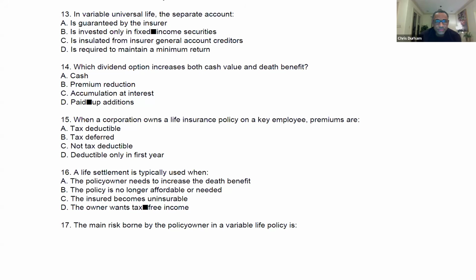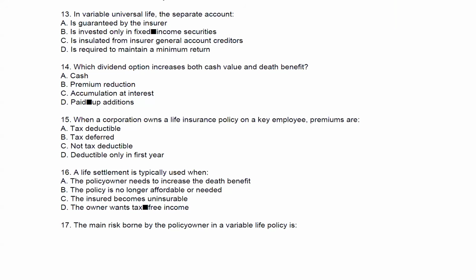All right, next. A life settlement is typically used when A, the policy owner needs to increase the death benefit. B, the policy is no longer affordable or needed. C, the insured becomes uninsurable. D, the owner wants tax-free income.